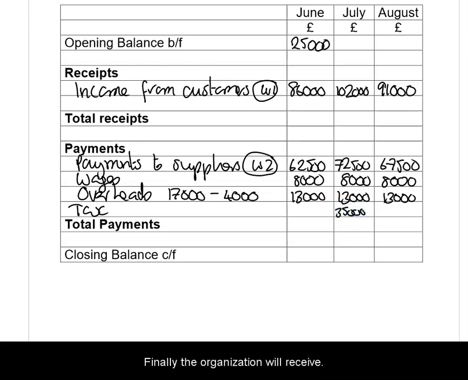And then finally, the organisation will receive, that's the key thing, they will receive a loan repayment of 12,500 in August. So we have a loan receipt, that's money back, and it's in August, 12,500. Now I can add up my total receipts.